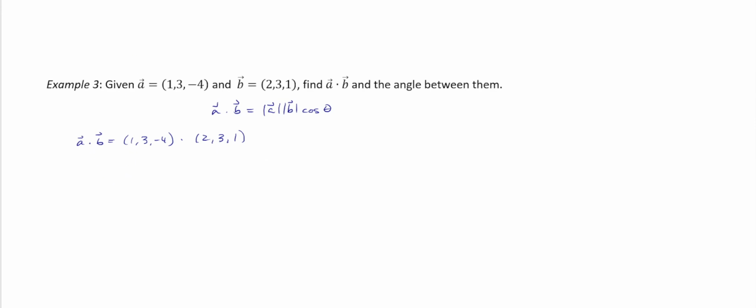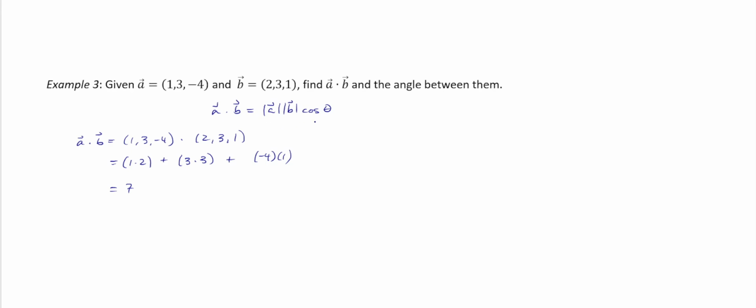So this is 1 times 2 plus 3 times 3 plus negative 4 times 1. So that dot product there is 7.